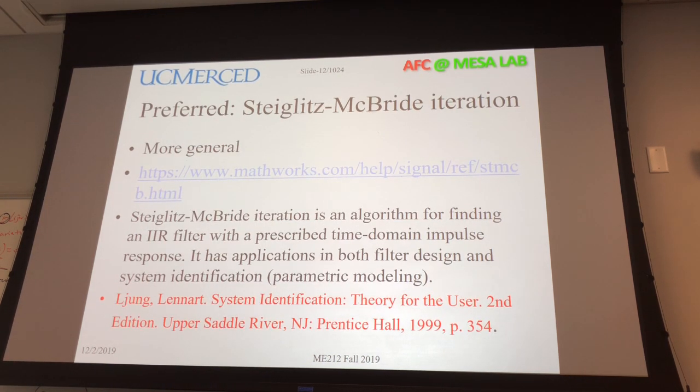And in general, I said impulse response, but what if I have real input, real output? Like a step, like a sinusoid, you get another output. So from input and output, can you come up with that as well? Yes, this is called the Steiglitz-McBride iteration method.